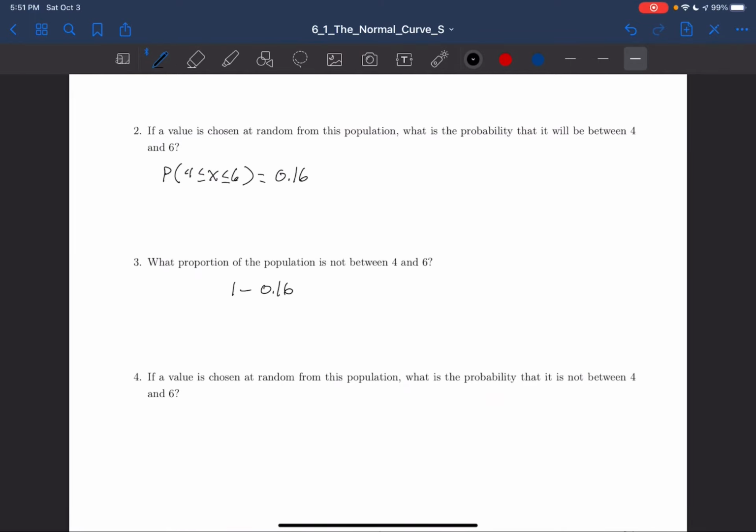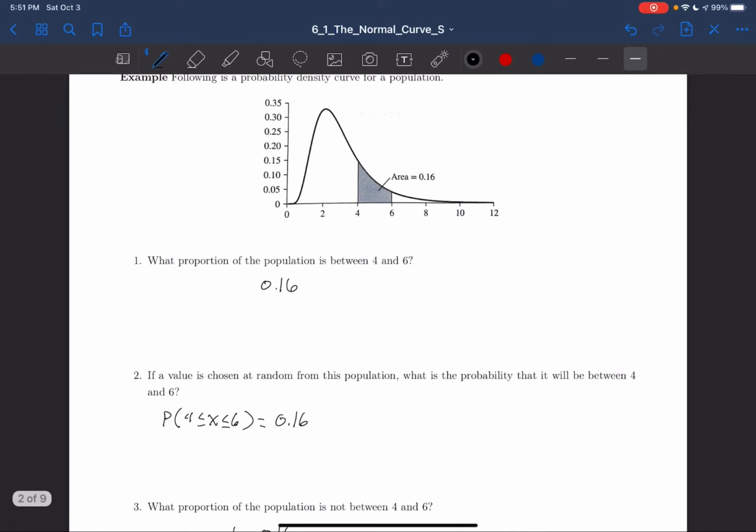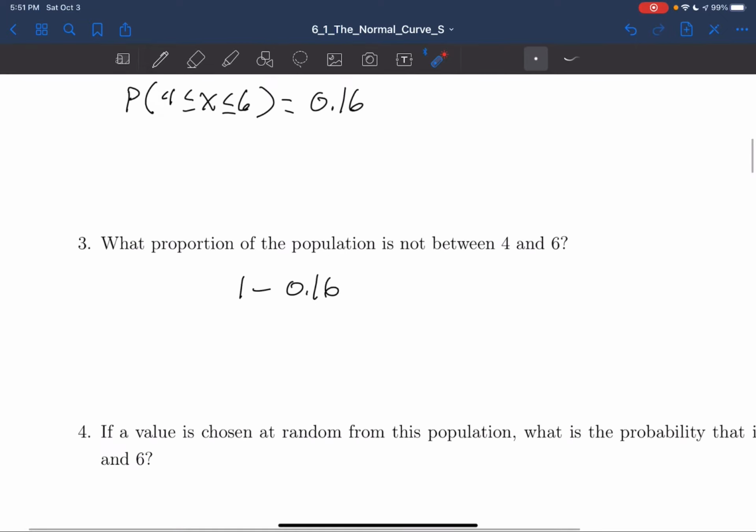The reason we do 1 minus 0.16 is that the area underneath the whole curve is 1. If we subtract the stuff that we don't want from the area of the whole curve, it gives us everything that's not between 4 and 6. So this will be 0.84.